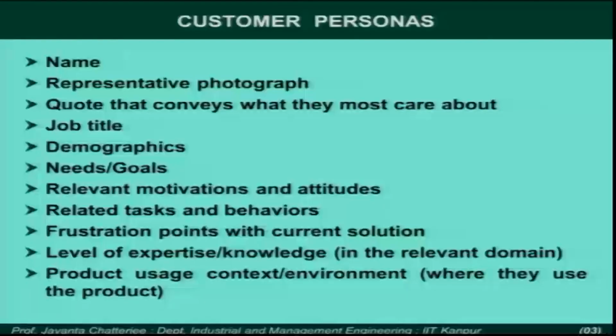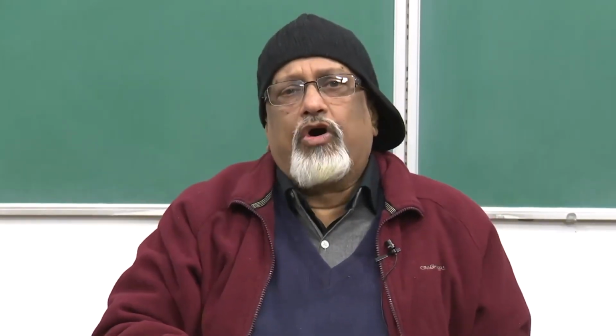And I think you should also add to this things like what other products do they use, what other products they buy, what brands they prefer, and so on. So, you may be actually trying to develop a running shoe for senior citizens who may have some knee problem and so on.